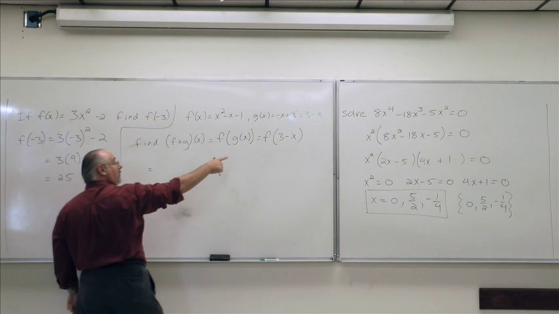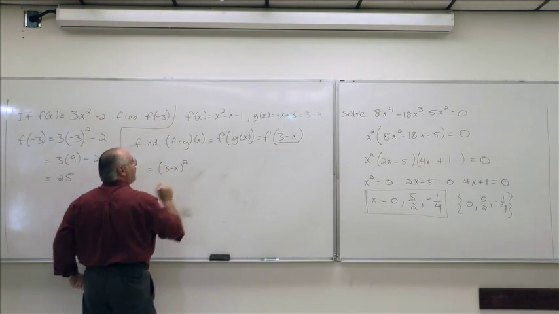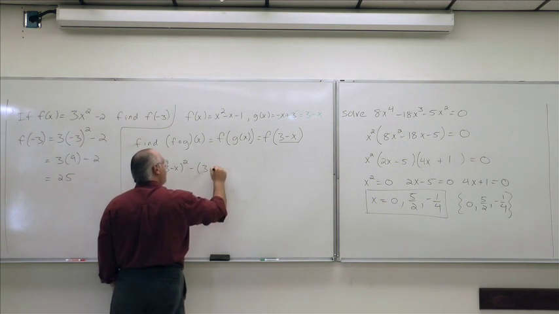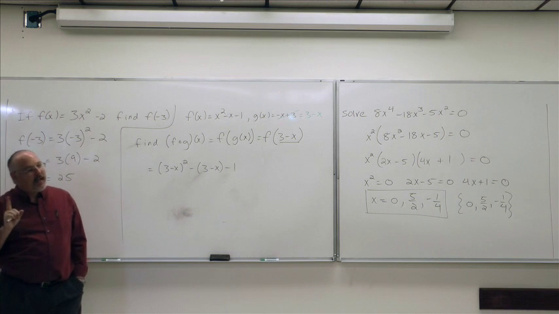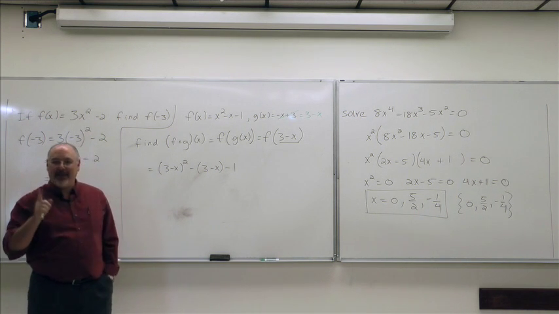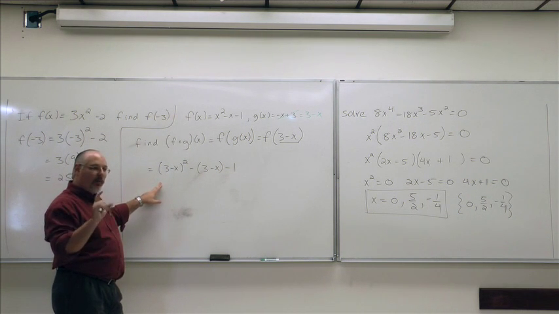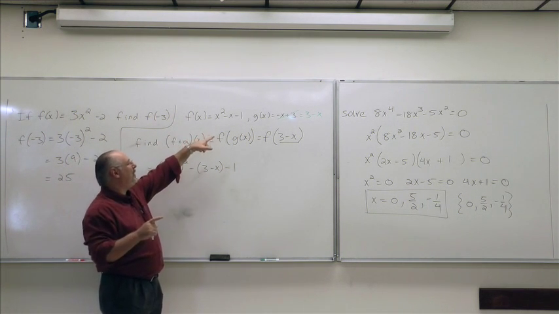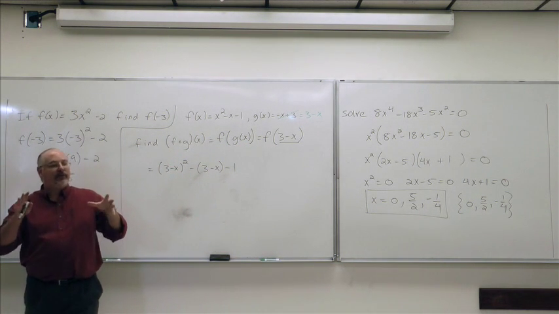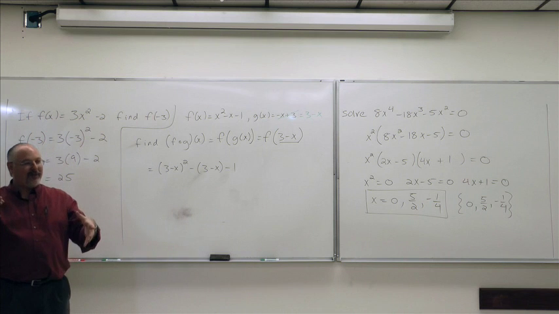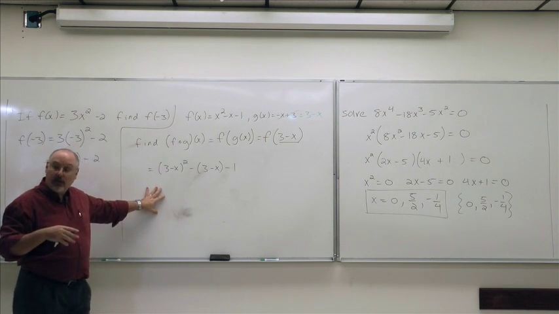So f of whatever, in this case, is the whatever squared minus the whatever minus 1. Now if you were paying attention, you notice I said the exact same thing up here as I did down here. Because what throws students off is, well, that's an x, but I have an x here and I'm plugging it in and I'm all confused. If you just use the word something or whatever, no matter what you plug in, you're going to get it correct.